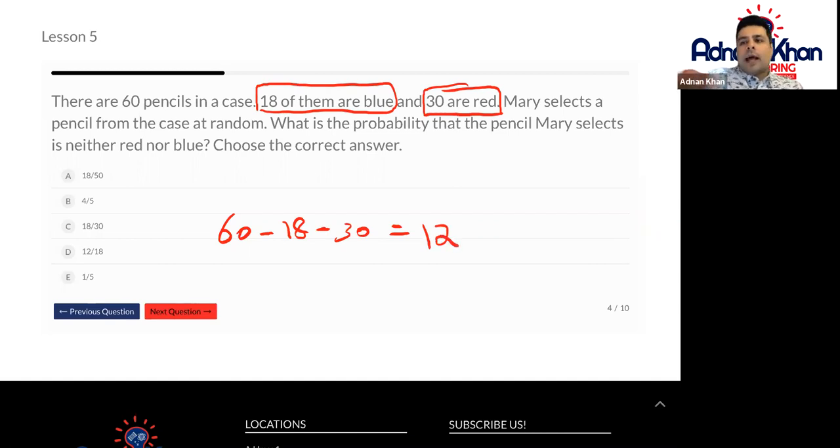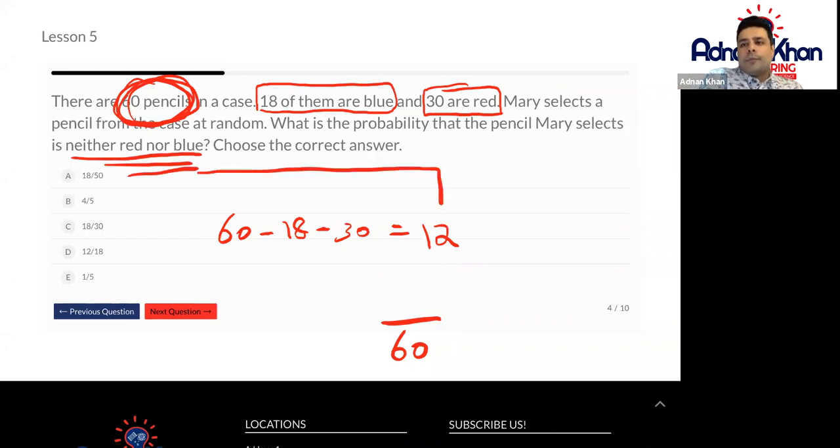Now, how many pencils altogether? 60 pencils altogether, of which 12 are neither red nor blue. So 12 out of 60 will be our answer.